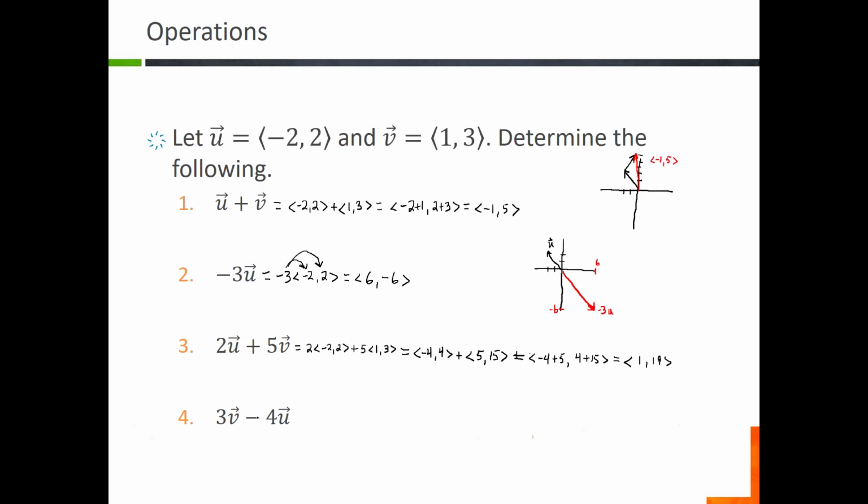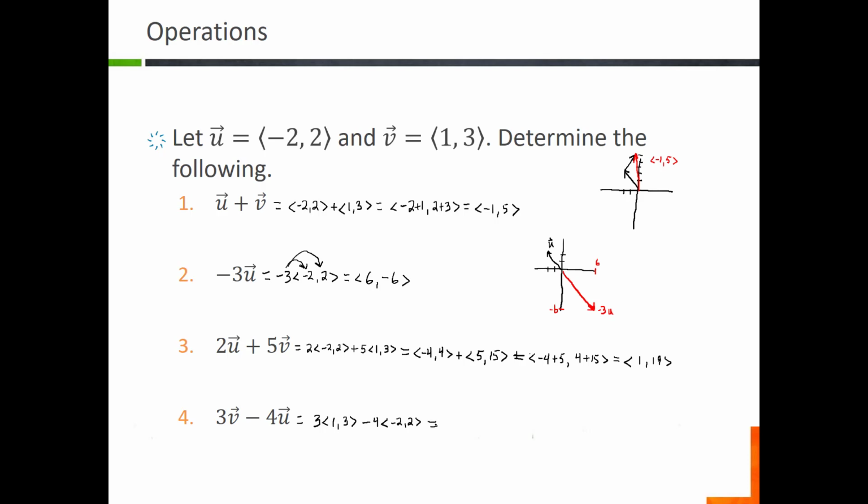Now be careful, this is a minus, and I flipped the vectors around, so it's not a uv order anymore. So you have to pay attention to get the right numbers and the right variables. So we have 3 times the vector v, which is 1, 3, minus 4 times negative 2, 2.